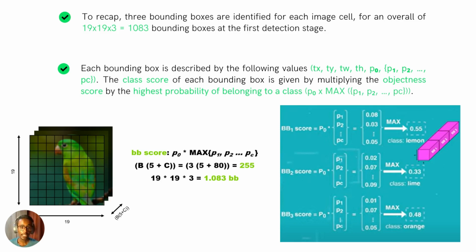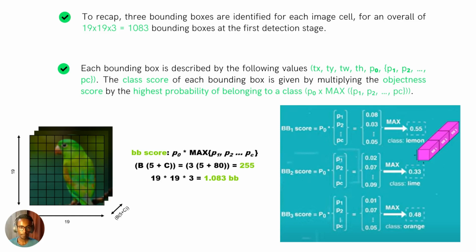The class score for each bounding box is given by multiplying the objectness score by the highest probability of belonging to a class. So we're going to multiply the objectness score p naught by the values outputted for each class, which we put inside a vector.